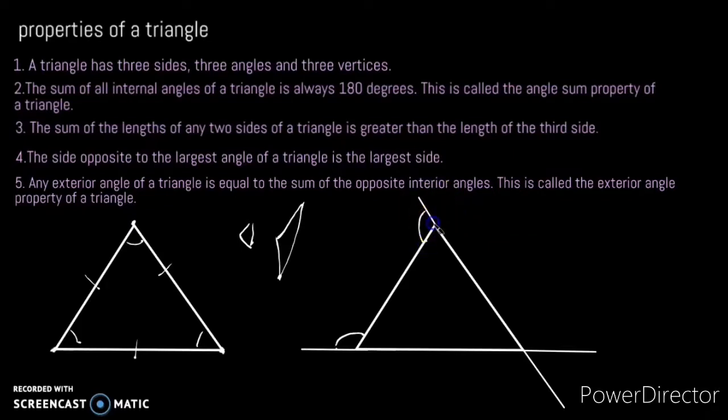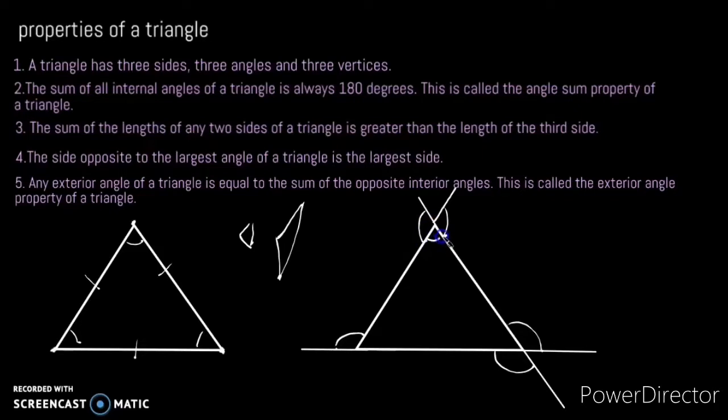Let's draw another line, another extension. If you look over here, this is the extension and this is the adjacent side of that extension. So this is another exterior angle. And over here, similarly, this is an exterior angle and this is an exterior angle. The rule says that an exterior angle, let's select this one, is equal to the sum of its opposite interior angles.